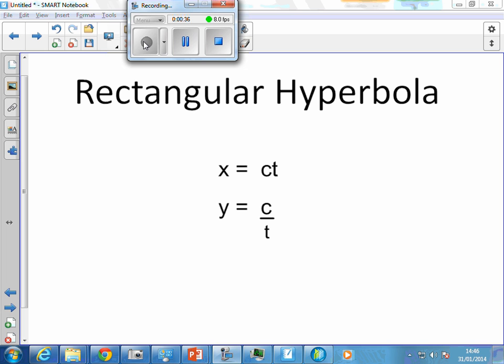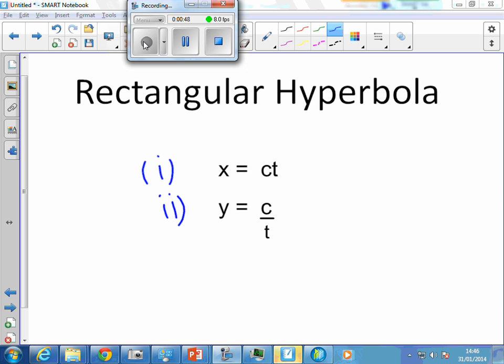So if I make t the subject of my first equation, I can see that t is equal to x over c. In my second equation, y is equal to c over t.